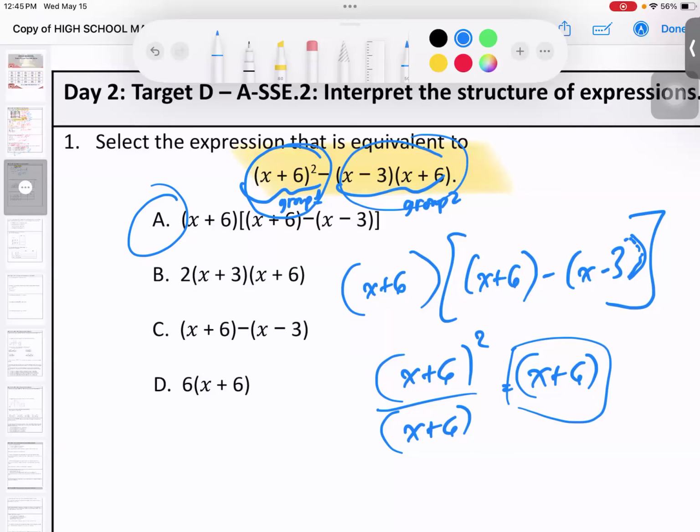I remember to change it. All right, hold on. We're working on day 2 right now. This is a homework. I will tell you what to do. So the answer is A. Any question in here? Why A?